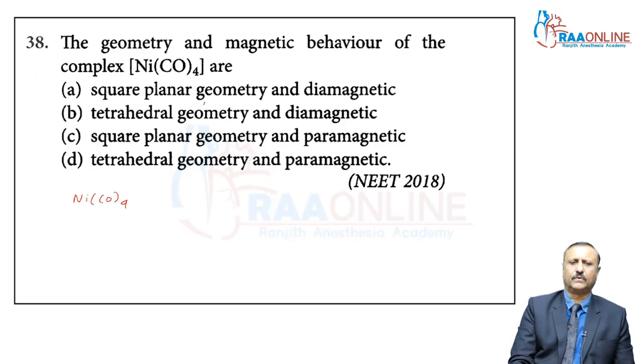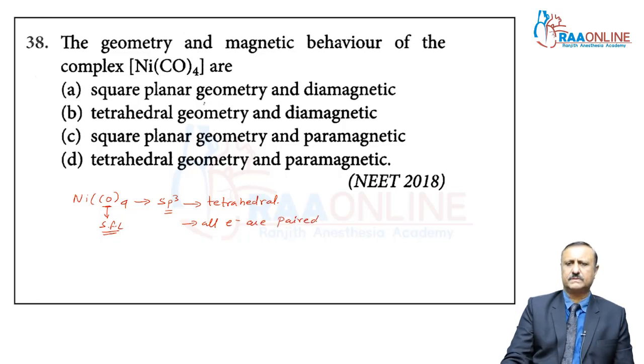Here NiCl4 has a strong field ligand. So my dear students, here the hybridization is sp3, and for sp3 hybridization you get tetrahedral geometry. And all electrons are paired, because my dear students, all electrons are paired.